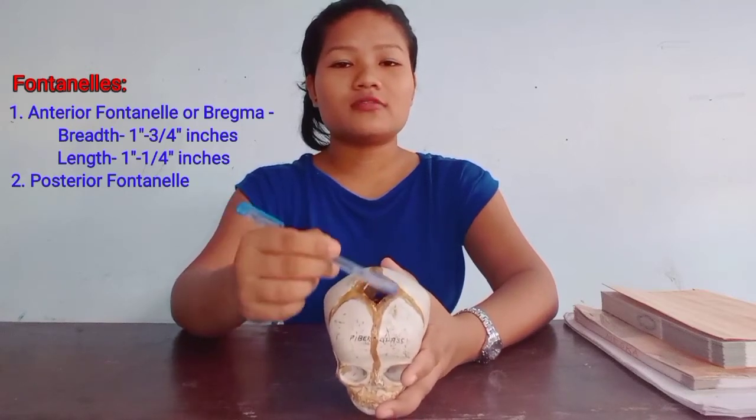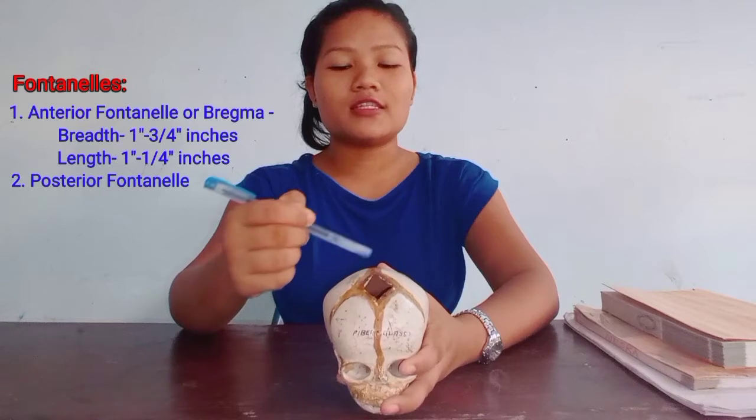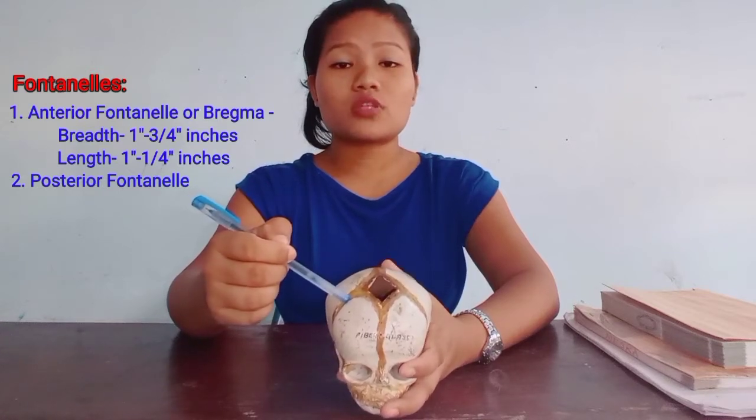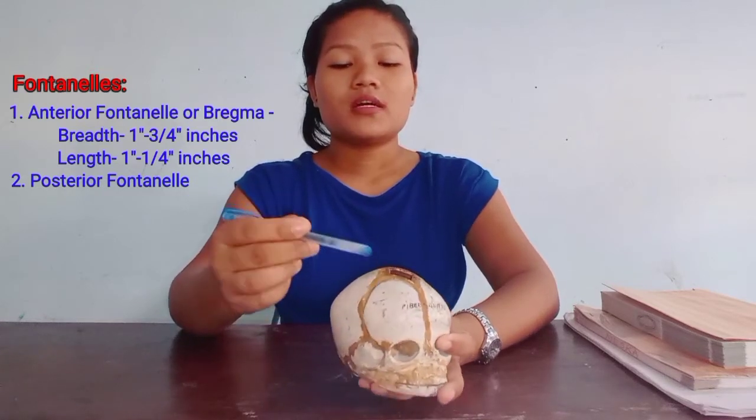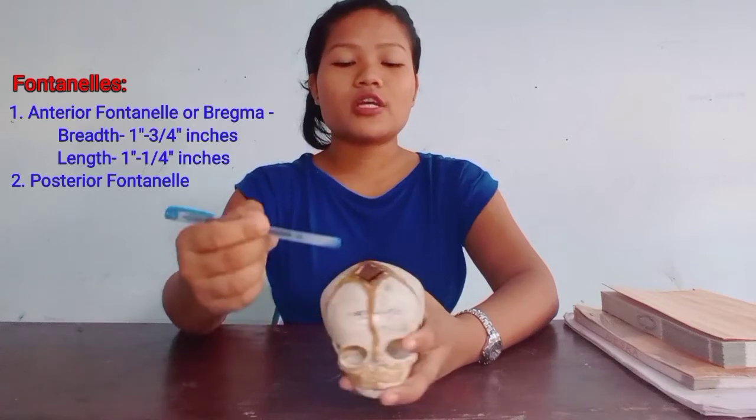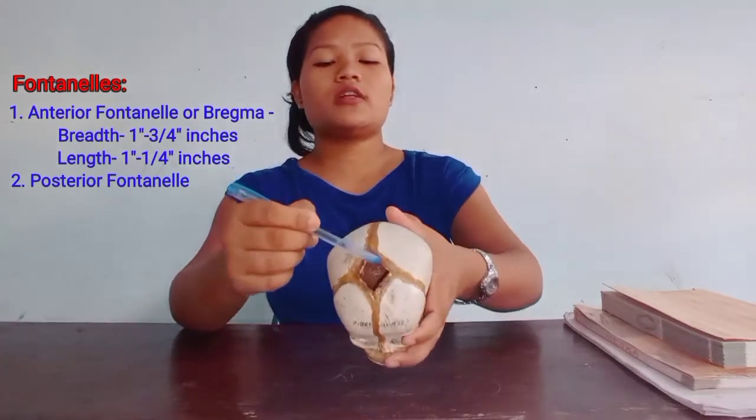You can see it is diamond shaped, and it is bounded by sutures. Which ones? These are the two coronal sutures, and this one is the sagittal suture.